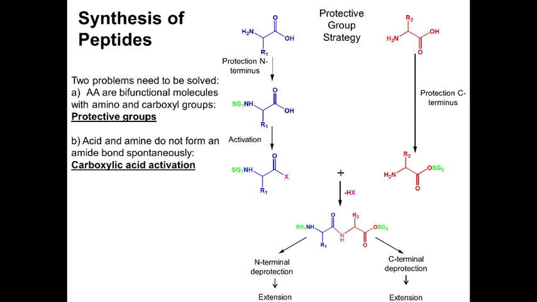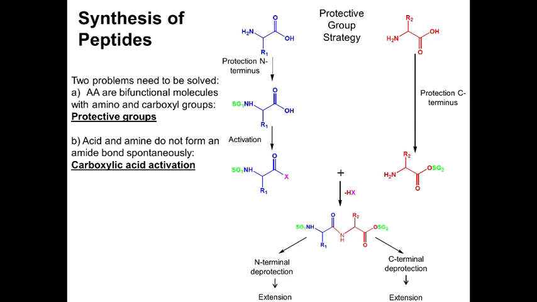When you just mix two properly protected amino acids without activating the carboxylic acid groups, you just have a migration of the proton from the carboxylic acid to the amine, forming an ammonium cation. So then you just form the salt, but you do not form a covalent bond between the two amino acids.